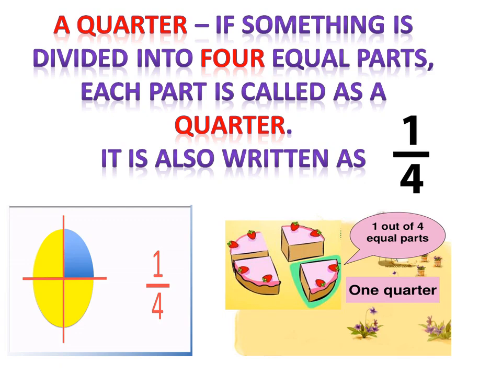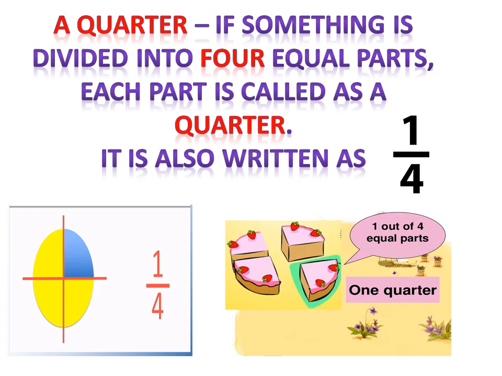In the given example, you can see a circle divided into four equal parts. So, we have written 4 below the line, that is in the denominator. Total parts are written in the denominator and the parts taken, that is here you can see one blue part, are written in the numerator, that is above the line.